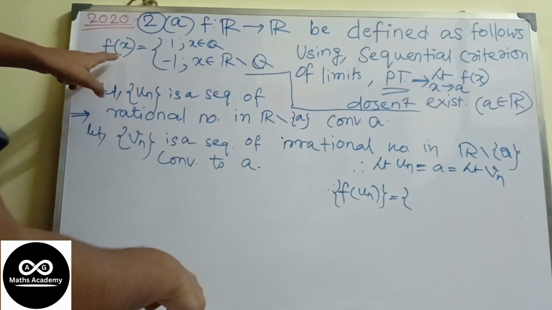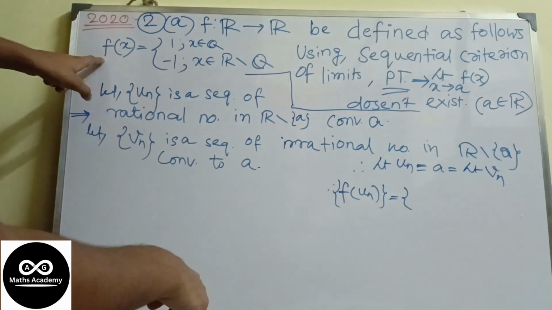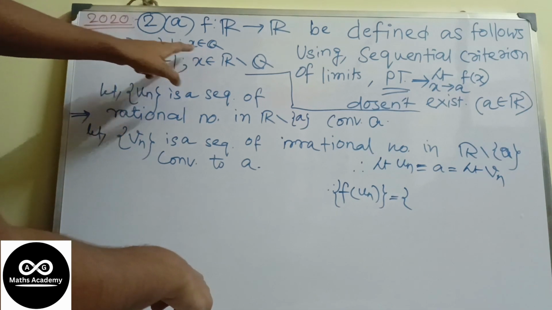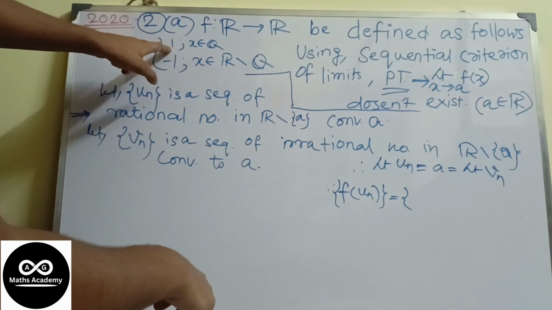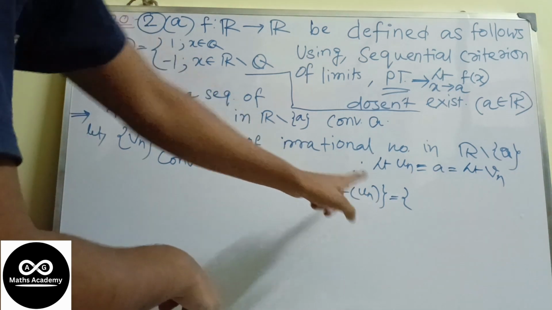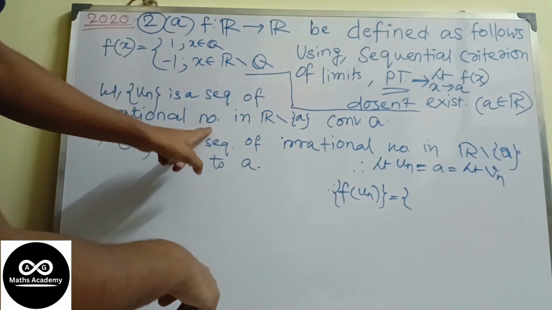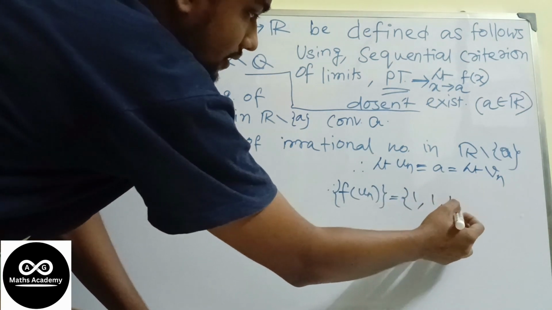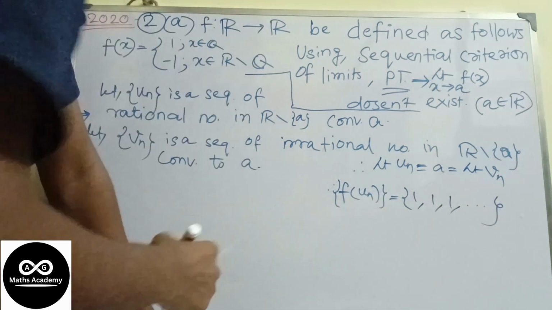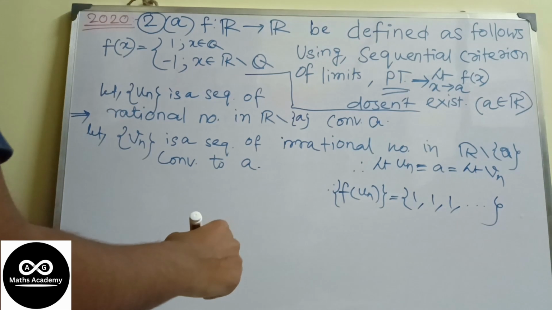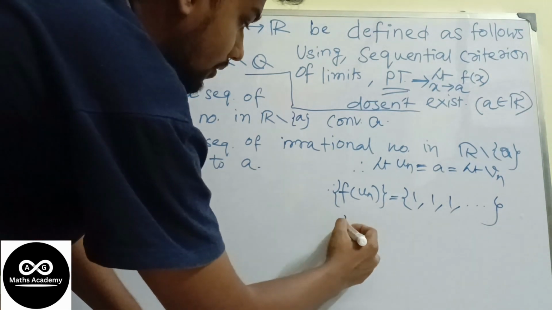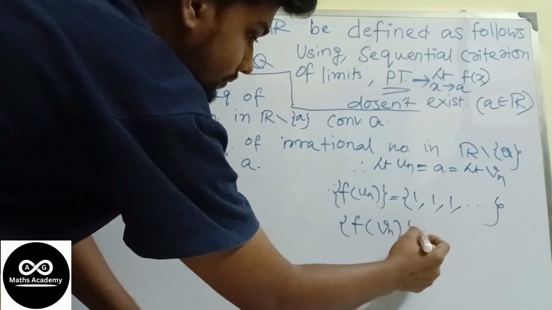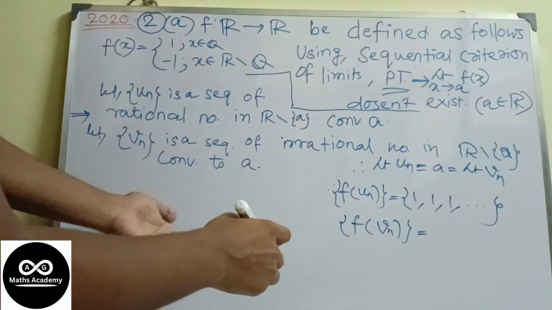Now f of x is defined in such a way that for every rational value f of x is 1, and un is a sequence of rational numbers. So what do we get? They are all ones. So now what is f of vn?